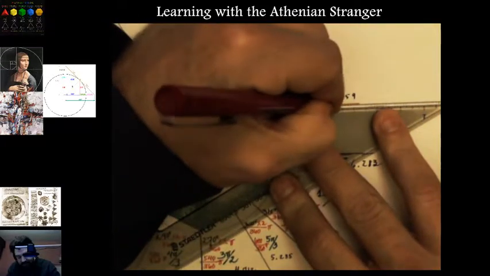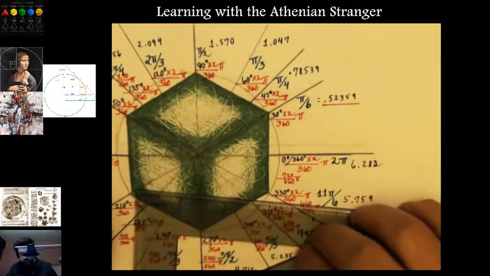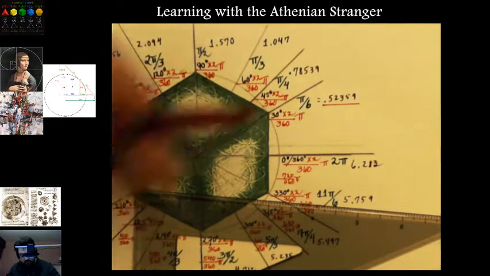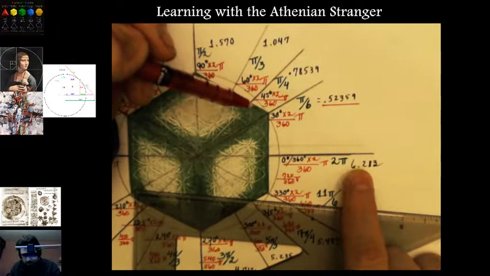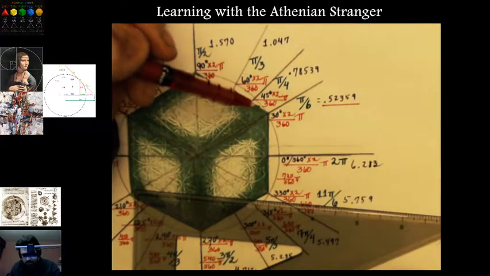We divide this by the total circumference of the circle, 6.283.